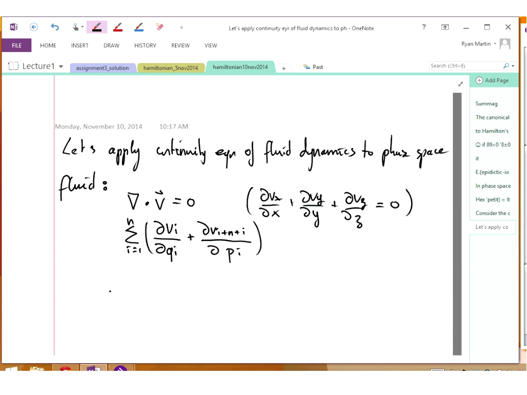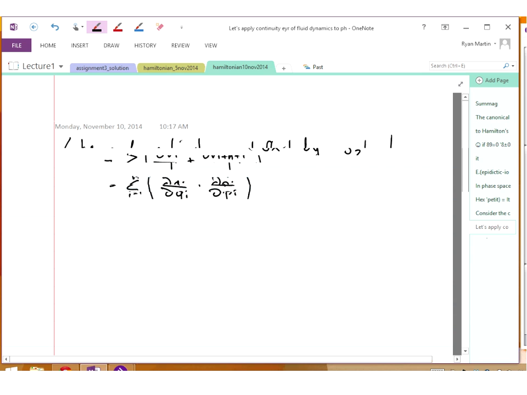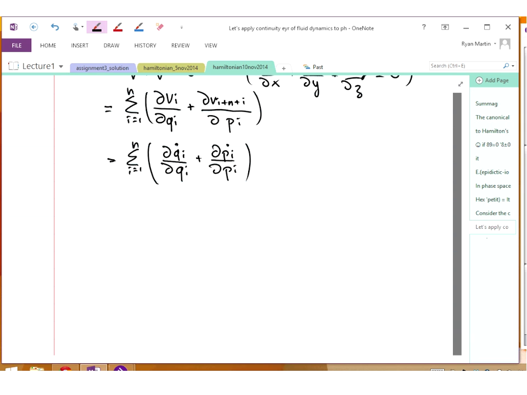Okay, so that's equal to the sum from i equals 1 to n. Now the Vi are just the qi dot for the first n terms, so that's ∂qi dot/∂qi, and then the second term is ∂pi dot/∂pi. Now let me insert the canonical equations.